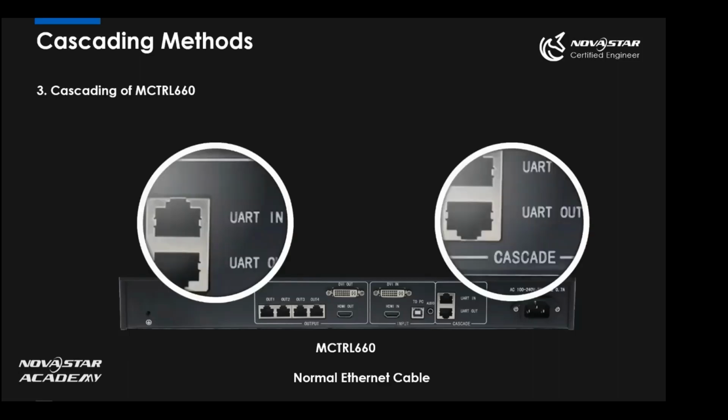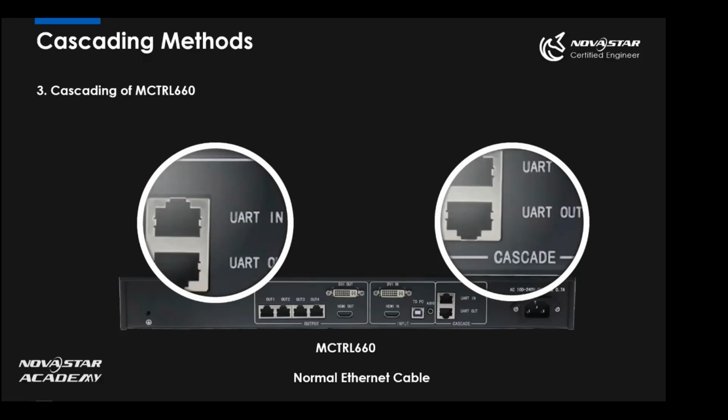At this time, we start to use the Ethernet cable to do the cascading. It's easy for us to find an Ethernet cable. So we use the Ethernet cable to do the cascading. The connection is the same, from the out to the in.